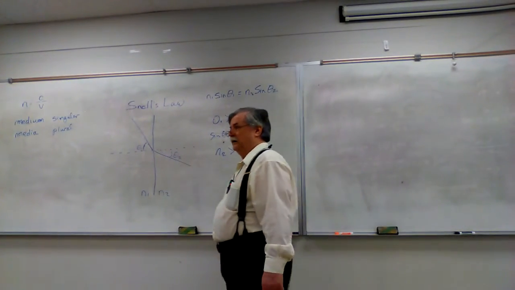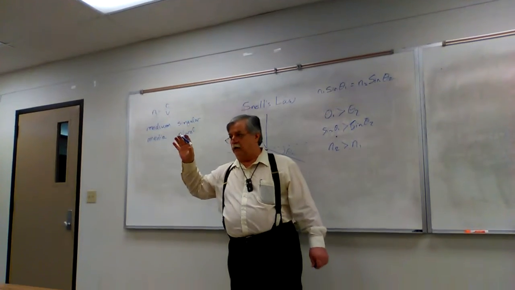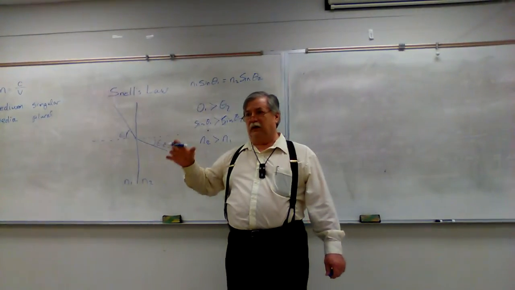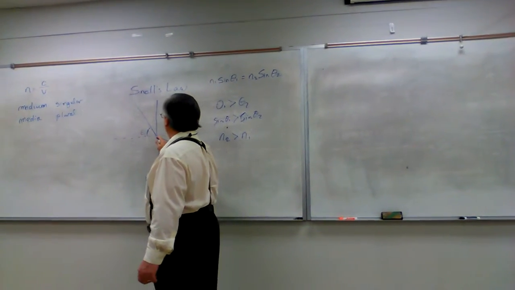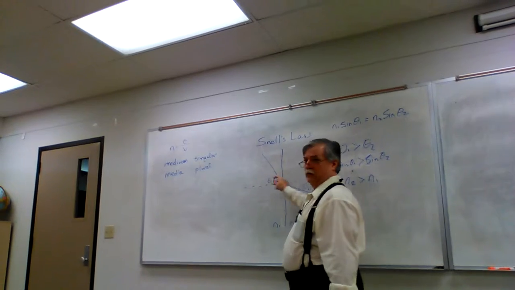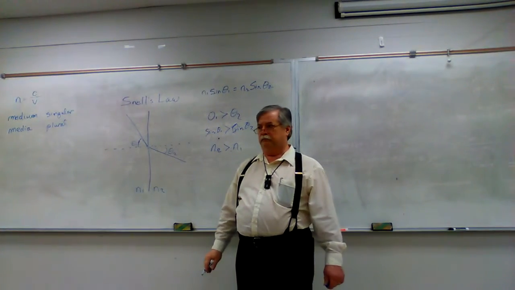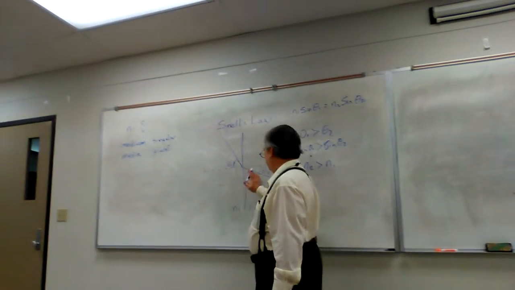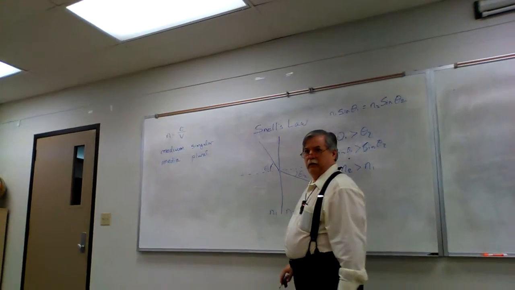So when a ray of light transitions from a medium with a lower index of refraction into a medium with a higher index of refraction, it will bend towards the normal, towards the perpendicular between them. Higher index of refraction pushes the ray closer to the perpendicular.